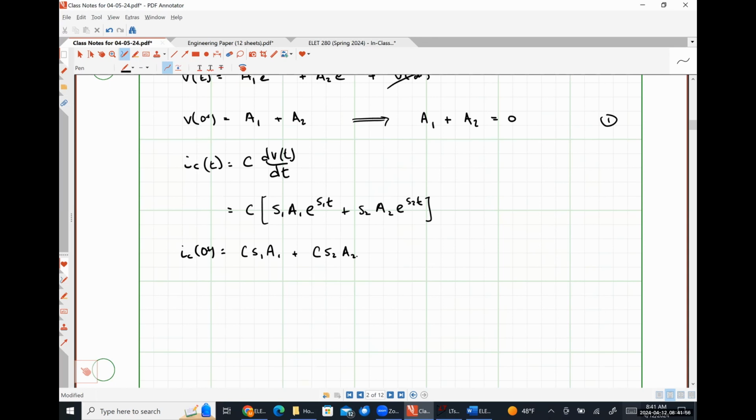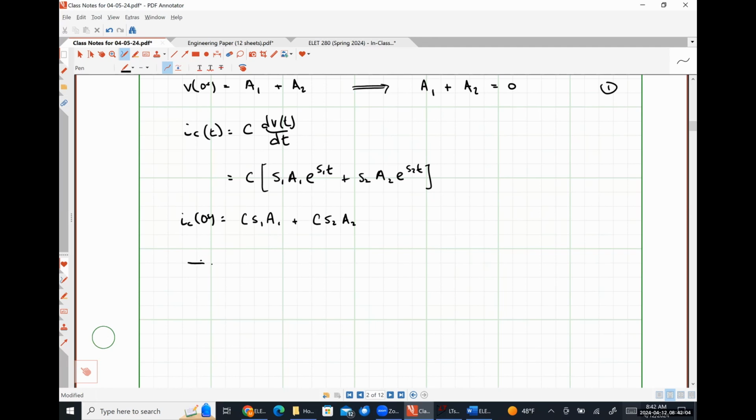Now, in order to get the coefficients for our variables A1 and A2, we're going to need to know what s1 is. s1 is negative alpha plus the square root of alpha squared minus omega naught squared.